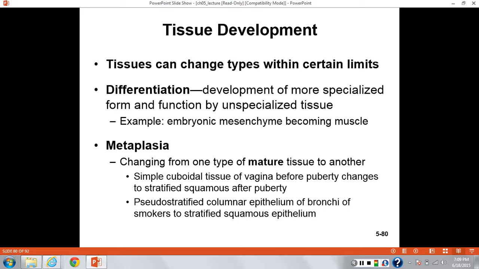Alright, so differentiation is that once cells are developed, as they get older and mature, they convert into what they're going to do. So when we talk about a stem cell, how many people know about stem cell research? Alright, what do they mean? What's the significance behind stem cells?